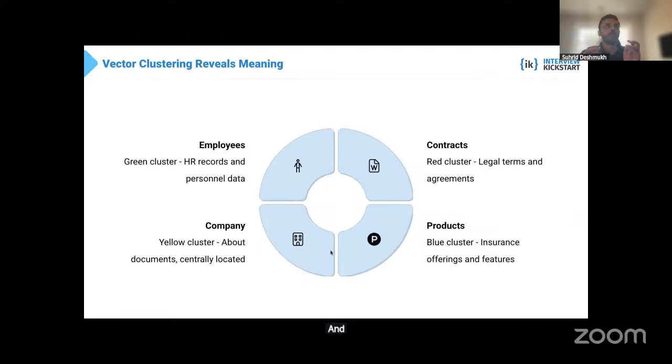Because you can do this clustering, you can visualize the meaning behind some of your texts and documents and the dimensionality associated with those documents.